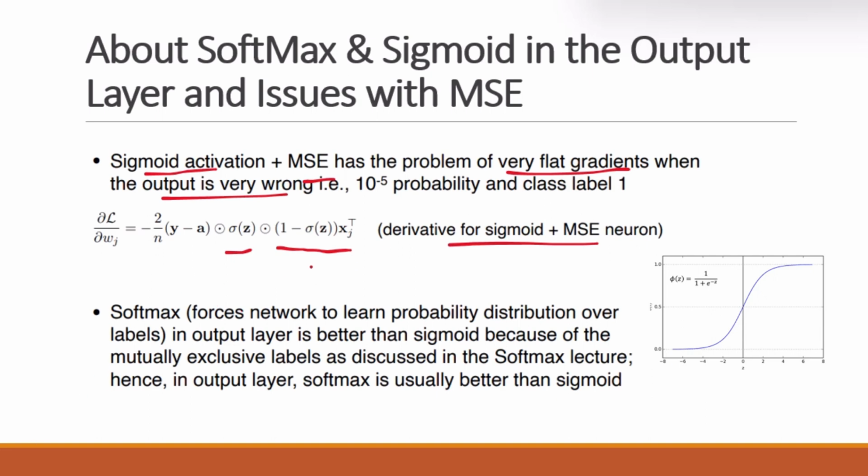If this term is very small, so if we make a very wrong prediction, let's say the probability is 0.0001, maybe even smaller, like 0.00001, then we multiply this very small value with all the other values here, so the whole derivative becomes very small, and we will almost update our weights by nothing. So in that way we can't fix this wrong prediction.